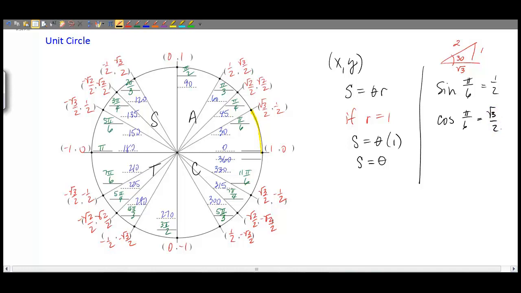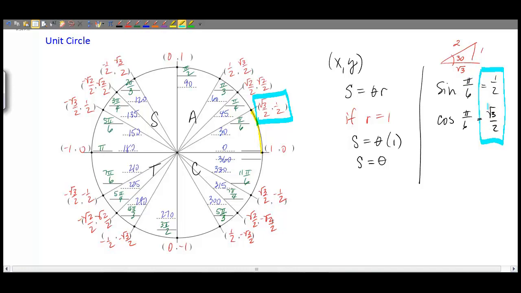Now let's refer back. Going back to the unit circle at pi over 6, recognize that those two values from the ordered pair are the same function values I got when just looking at the triangle. So these two are related.